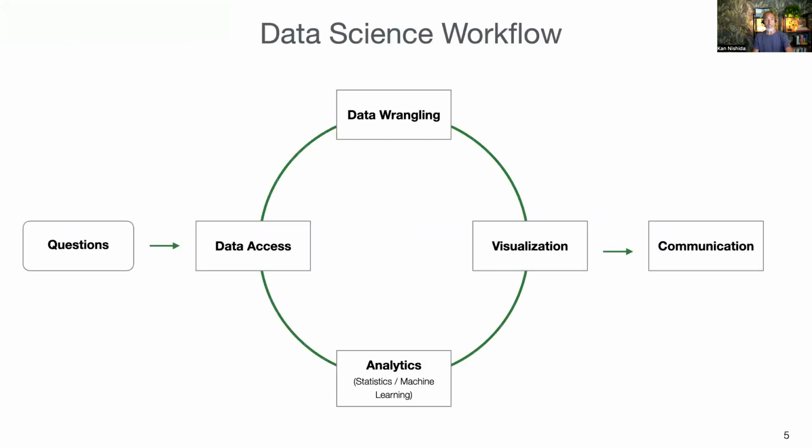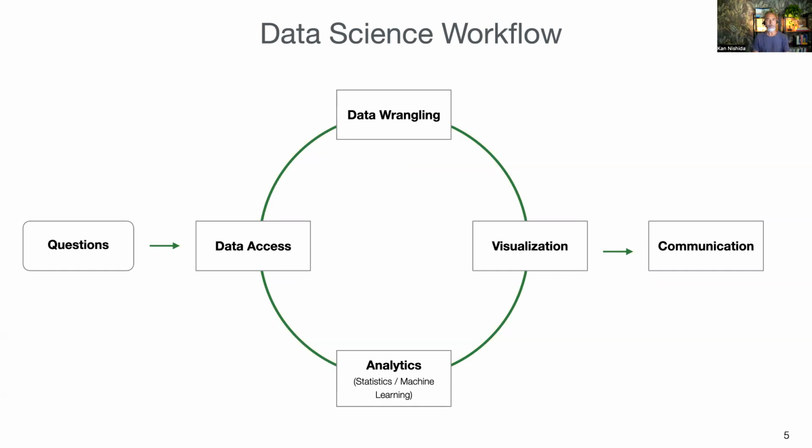When we say data science, we think of 5 pillars of things you do. You want to access the data, and then wrangle the data, meaning transform, clean up, and prepare the data, and then visualize and analyze that data with various algorithms or various chart types. And last but not least is the communication piece. Once you find the insights, you want to share them with other folks on your team and in your organization, so that you can make better decisions in a collaborative way.